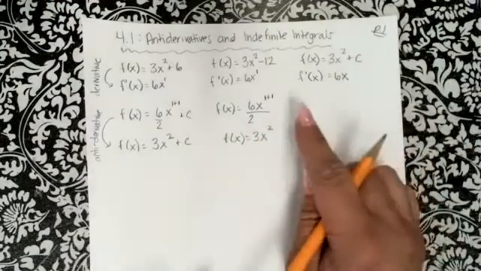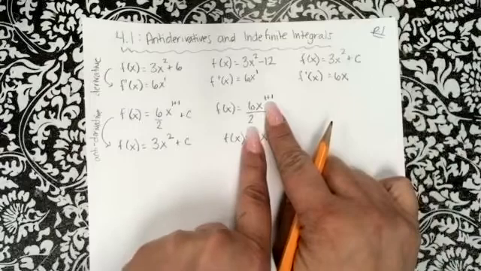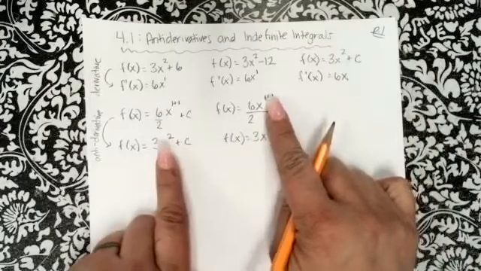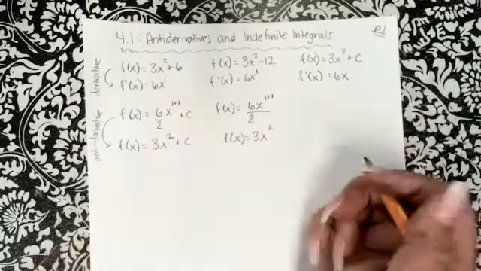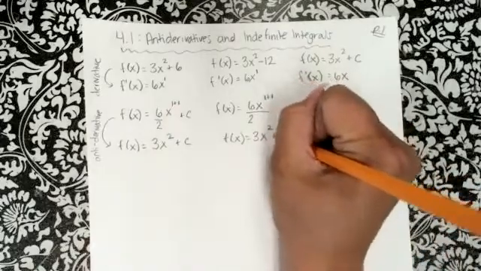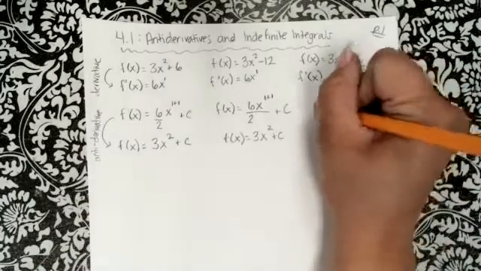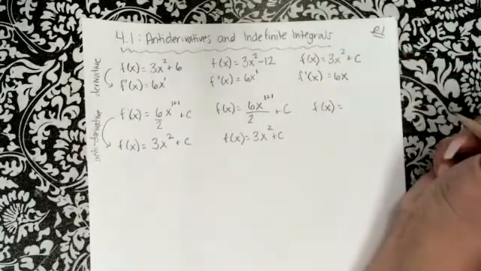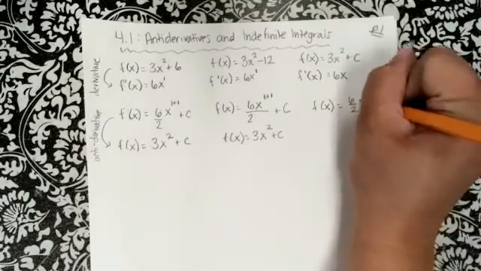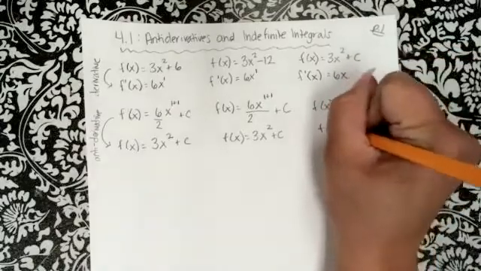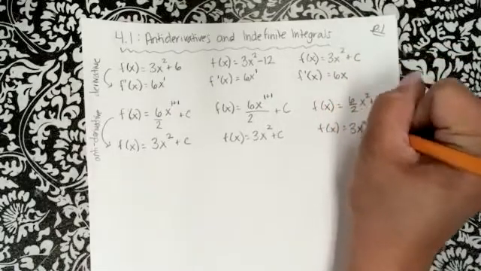What I want you to realize is whatever that exponent is, that's what you're dividing by. And then I can't forget my constants. Here, I'm going to have a 6 over 2 x squared plus c, which is still going to be a 3x squared plus c.